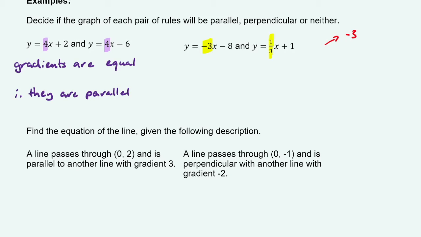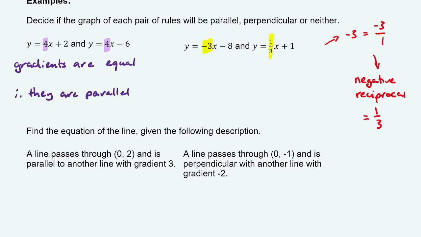If we take our -3, we can say that's -3/1. Then we find the negative reciprocal. Because there's already a negative in there, we get to take that negative away. And it's just 1/3. Nice and easy there.